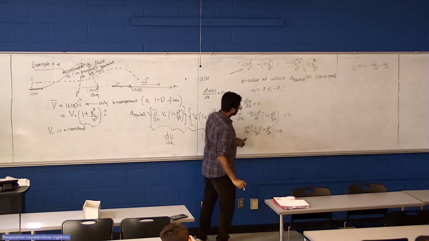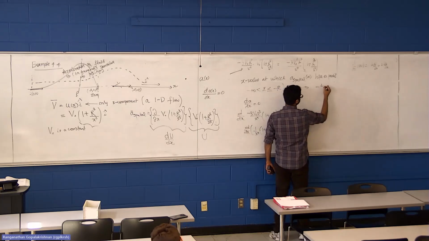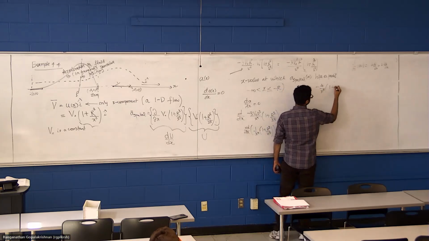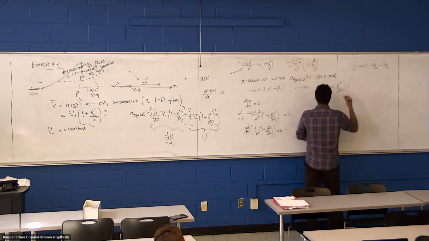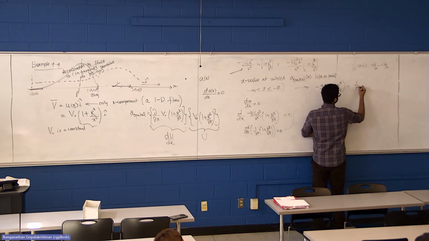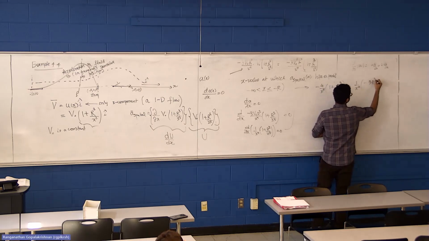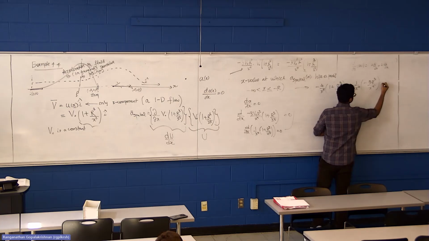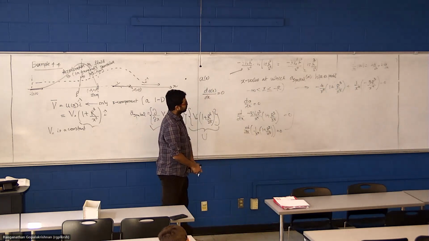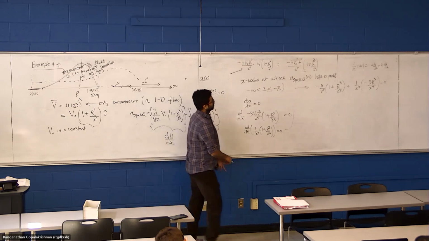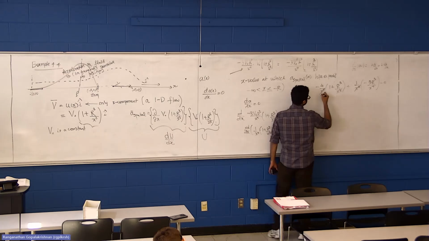So I'm trying to get the derivative of this. This is minus 4 over x to the 5th, 1 plus r cube over x cube, plus 1 over x to the 4th times minus 3 r cube over x to the 4th equal to 0. Okay, so I'm going to drop off this x to the 4.